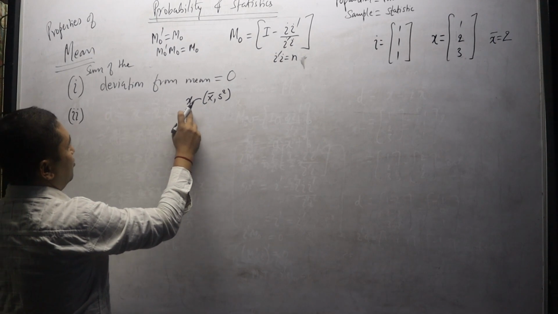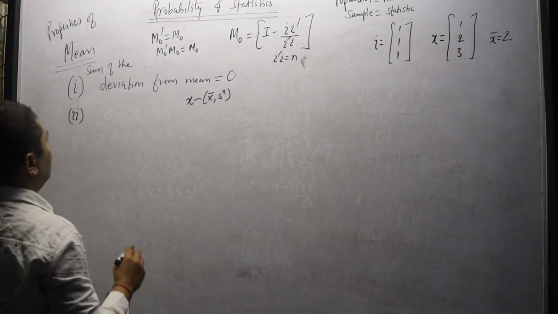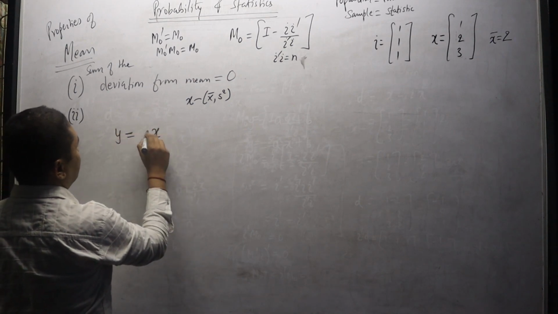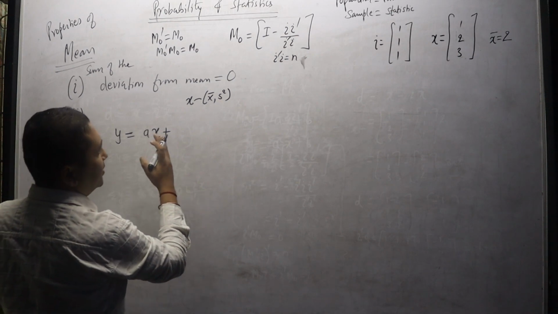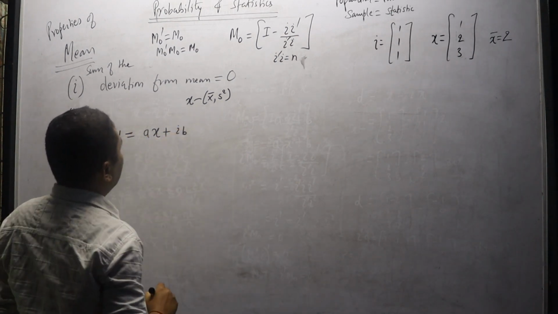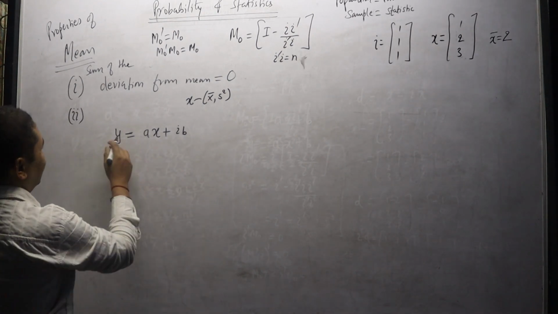Let us now call it a vector. So this is the vector x, and we are going to construct a vector y. First of all, we multiply this vector x by some unit a, and then we shift its origin by b. In matrix notation, we write it as y equals ax plus ib, because b is a constant. Now let us take its sum.